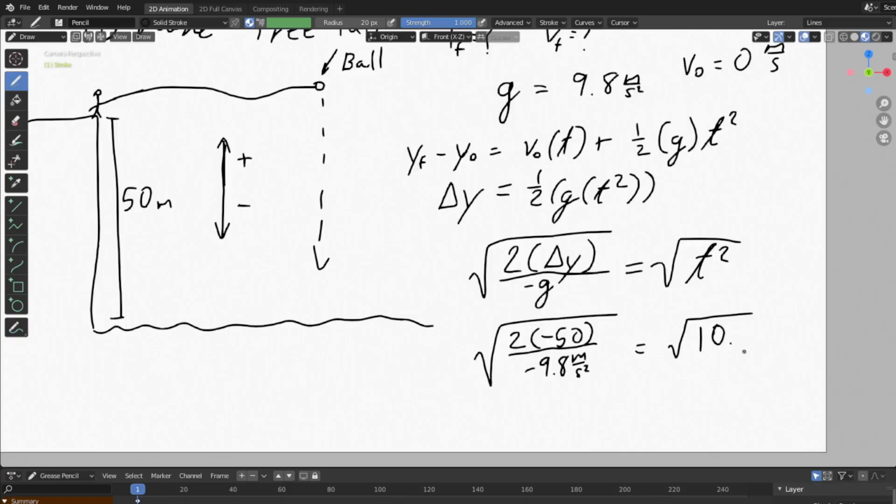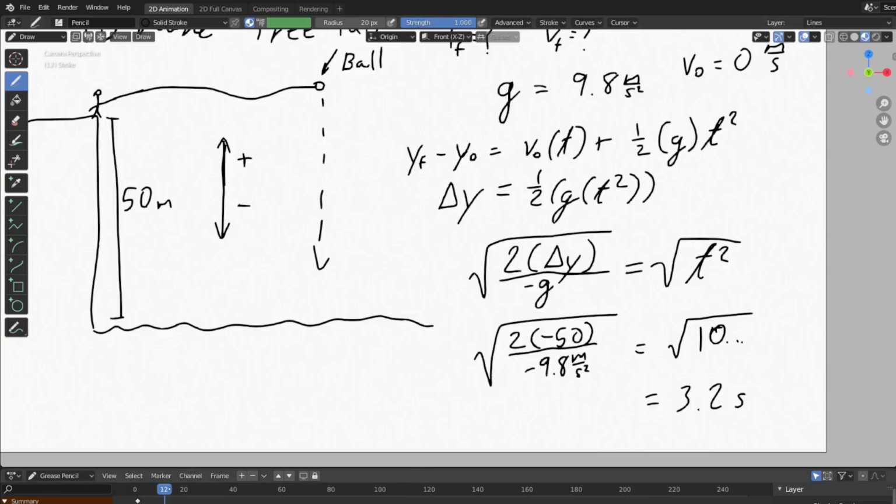So technically this is just the square root of 10, which is 10 point dot dot dot. That simplifies down to 3.2 seconds is the time it takes.